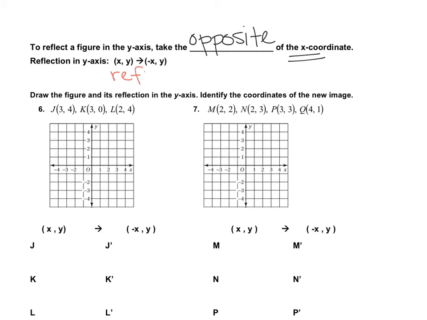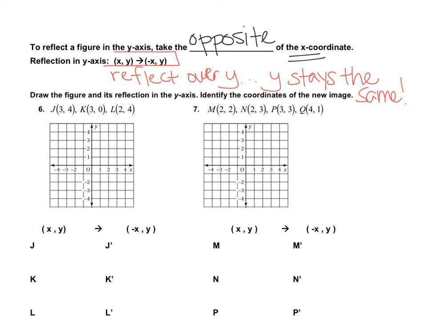Reflect over y, y stays the same. So (x, y) goes to (-x, y). So x changes its sign, but y does not. So let's graph the figures below.